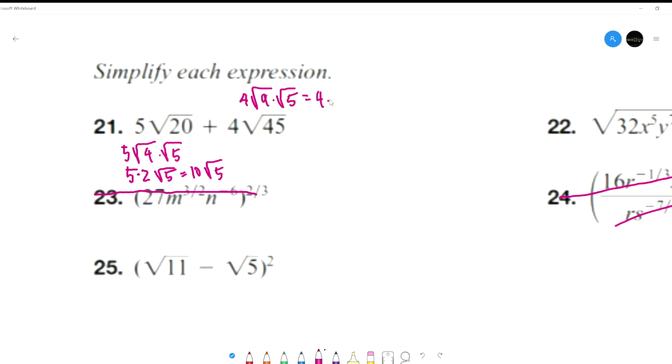That's 4 times 3 radical 5, which is 12 radical 5. So this can be rewritten as 10 radical 5 plus 12 radical 5 is equal to 22 radical 5. Okay?